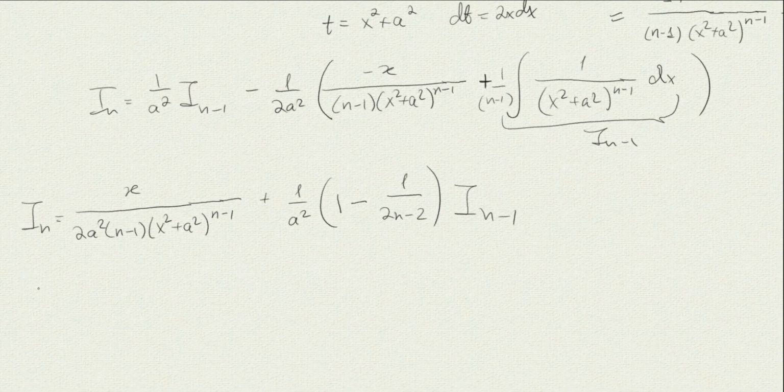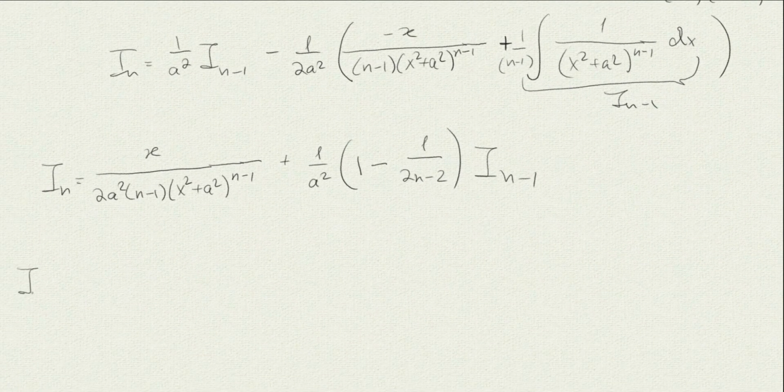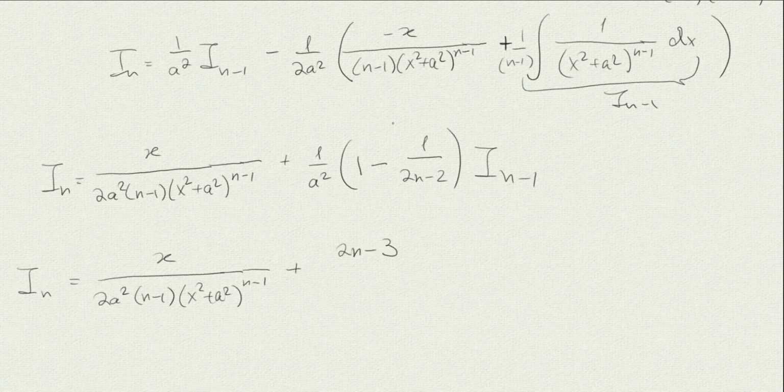And if we really want to write it a bit more neatly, I_n is, just for the finalization, x over 2a squared times n minus 1 times x squared plus a squared to the power of n minus 1, plus 2n minus 3 over 2n minus 2 times 1 over a squared, and this is I_{n-1}.